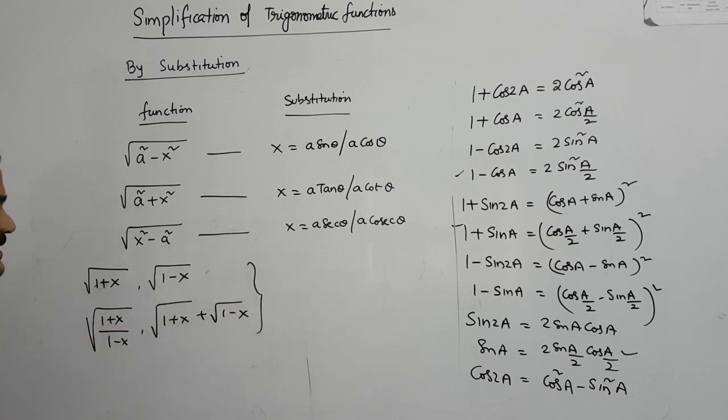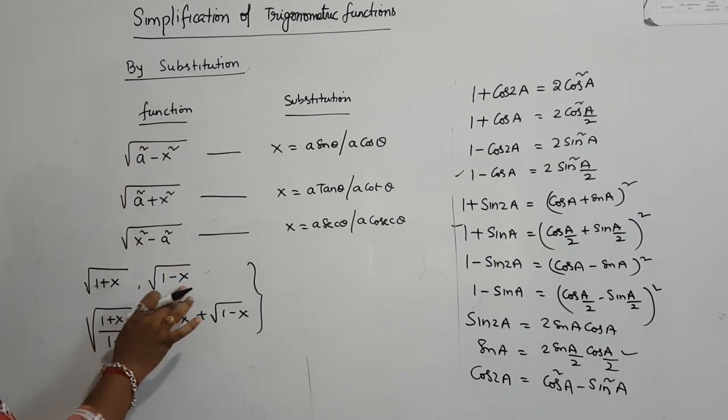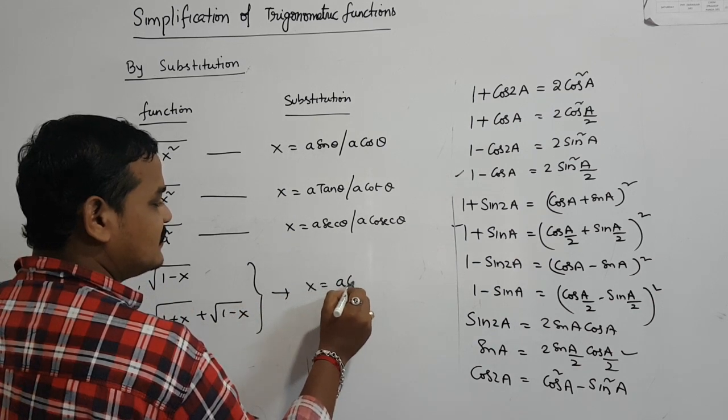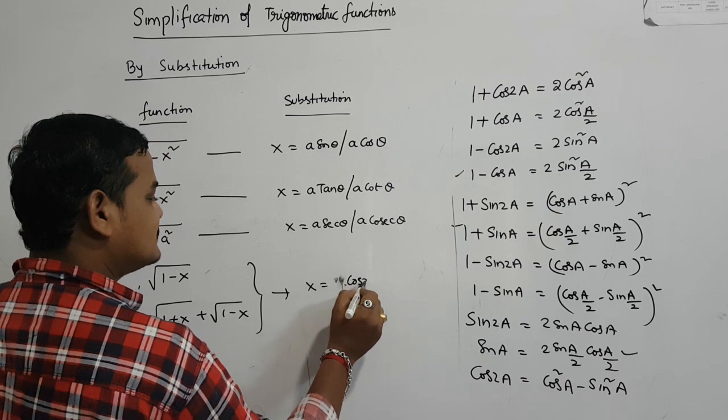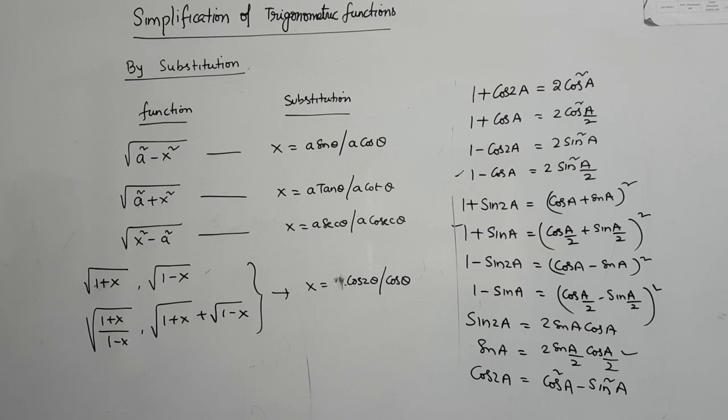In such functions, everywhere you can determine terms of x square, but here there is no x square, it is only x. In such cases, the substitution is x is equal to cos 2 theta or cos theta. Again, if the problem is in the form of 2x by 1 minus x square, 2x by 1 plus x square, 1 minus x square by 1 plus x square, 1 minus x by 1 plus x, or 1 plus x by 1 minus x without any root.